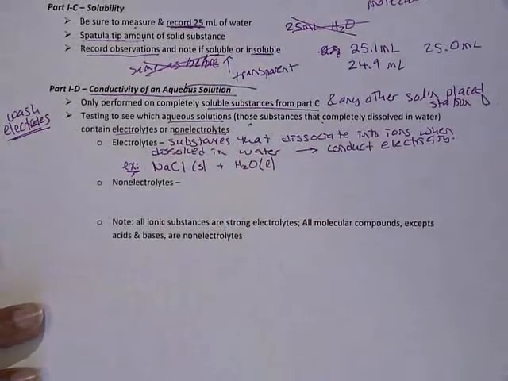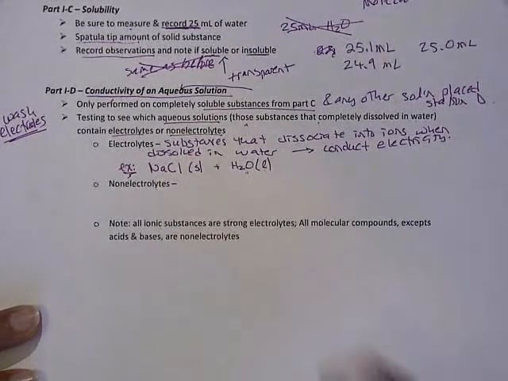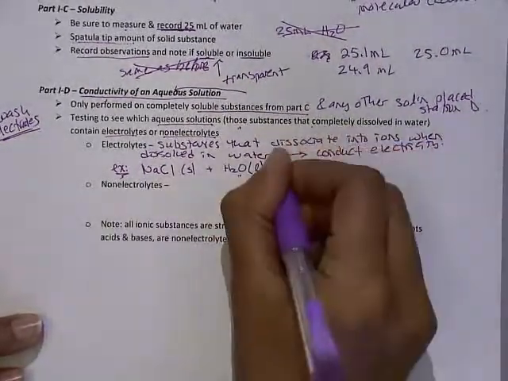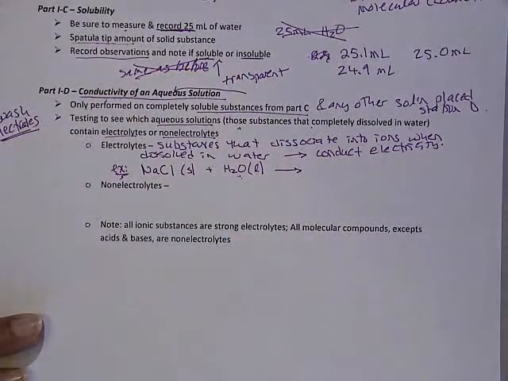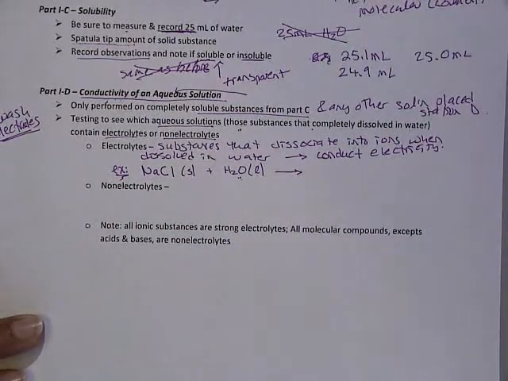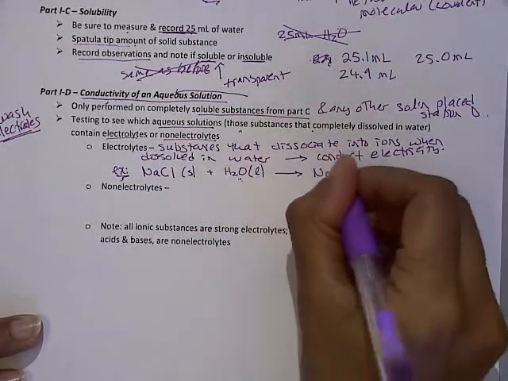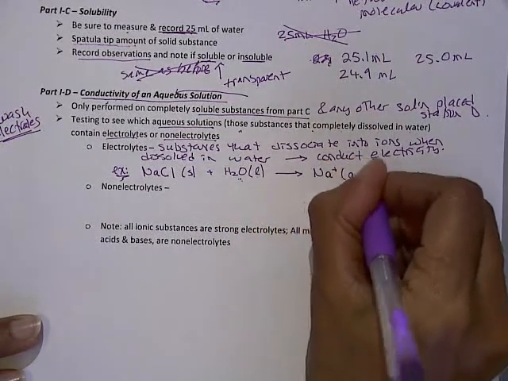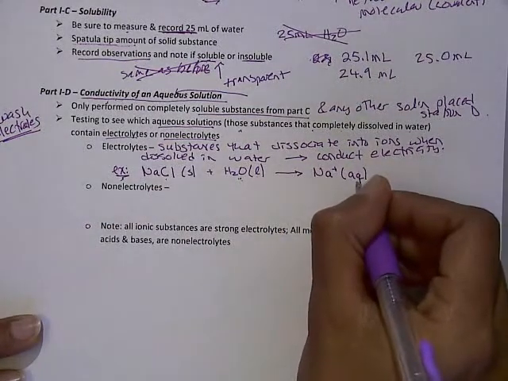Remember, substances are only in liquid phase if they're completely pure, and we know water is just water. This sodium chloride completely dissolves in water, and we know this because it's a completely clear, transparent solution. And when we have a clear and transparent solution, that means we have ions of this ionic compound, and we refer to that as aqueous.